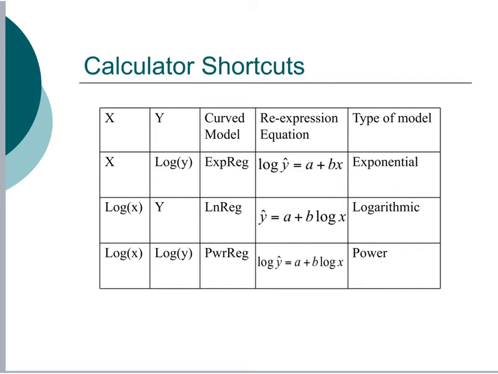And then the logarithmic one, natural log, writes it as a plus b times the log of x. And then power is like x to a power. But really the re-expression is more important for our unit, so we're not really going to use the calculator shortcuts.